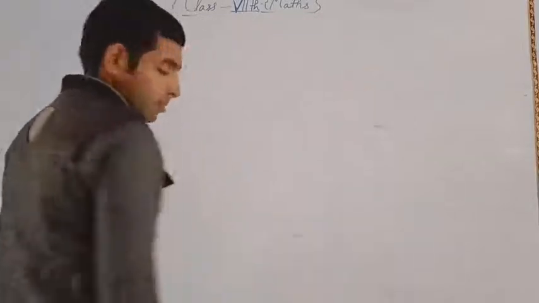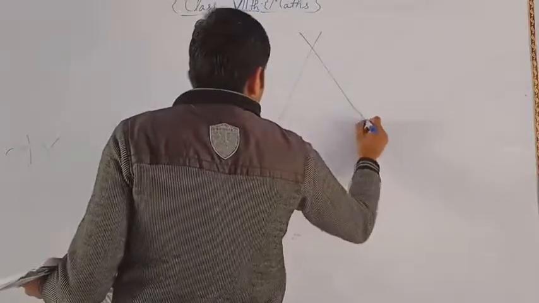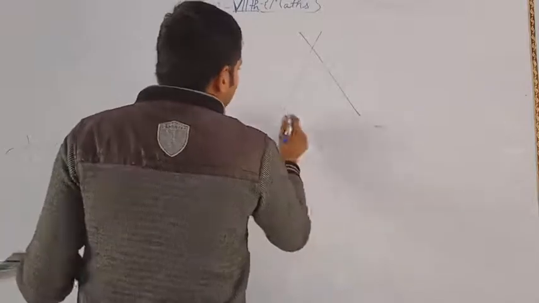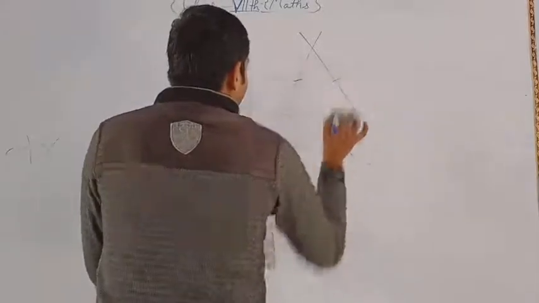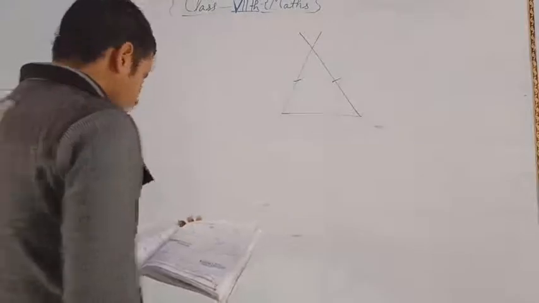Again, part B. You have been given this type of figure. In this triangle, these two sides are the same.